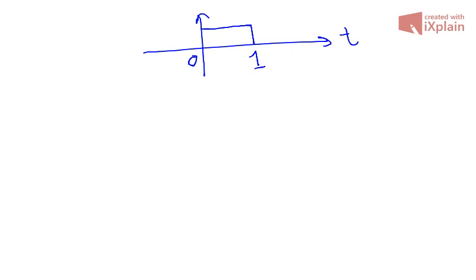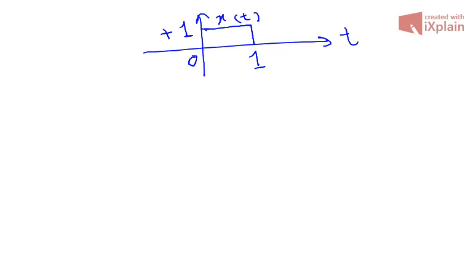And let me further simplify it by giving it an amplitude of plus 1. So we have an x of t which exists between 0 and 1, with peak amplitude plus 1.